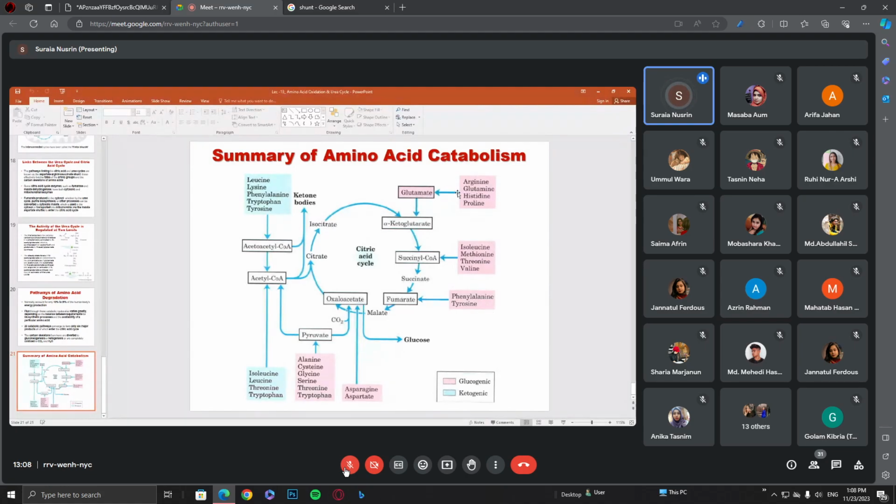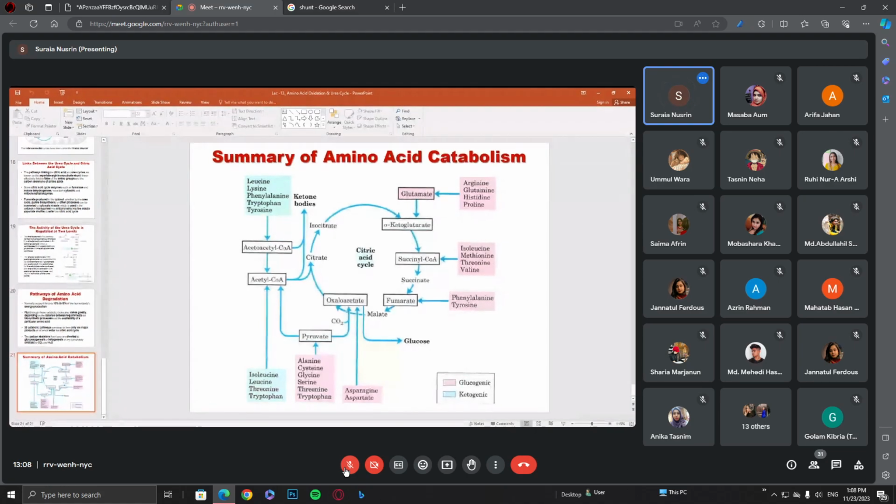So here you can see, you can divide them as this group which is shown in this slide, and how these are catabolized into, for example, alpha ketoglutarate, succinyl CoA, fumarate, even the ketogenic amino acids. That is your assignment. Okay? Yes, ma'am. Is it clear to all of you what you have to do?